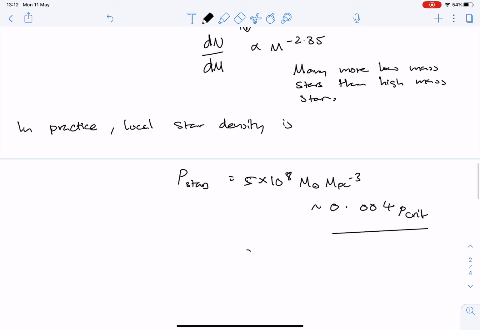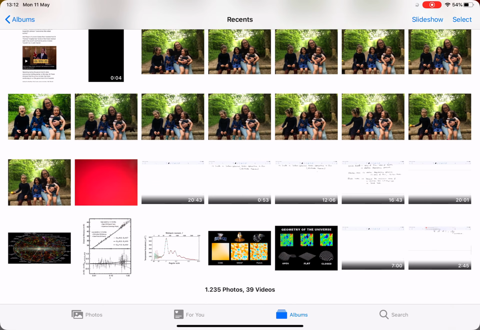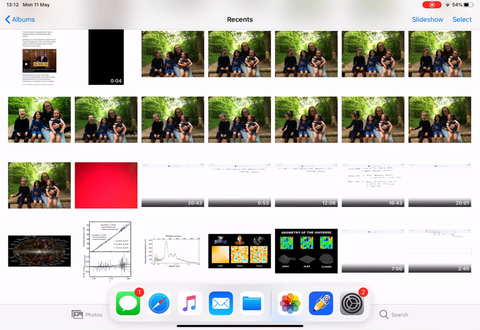So stars do not provide the necessary critical density.